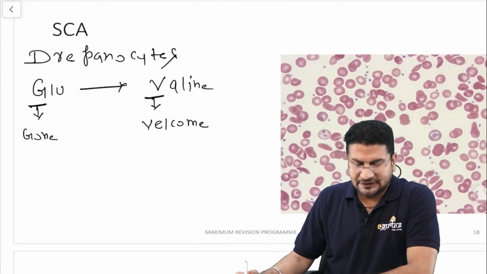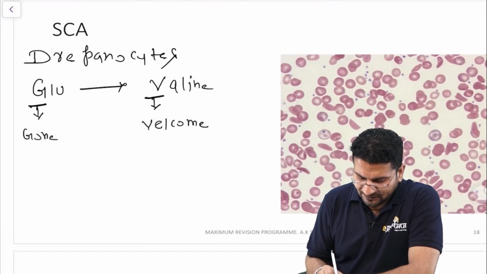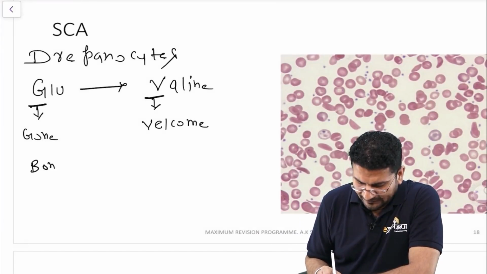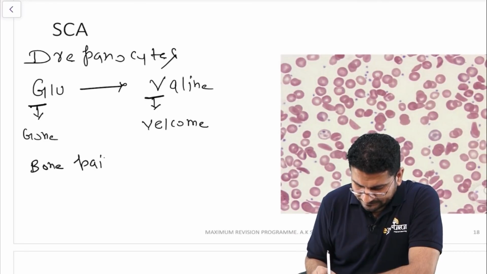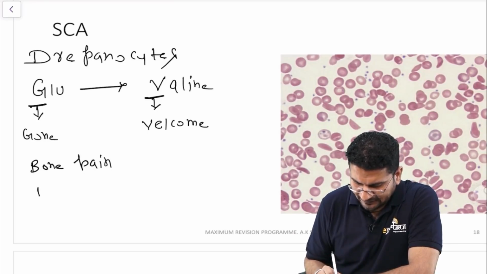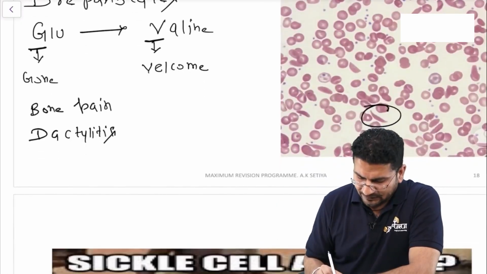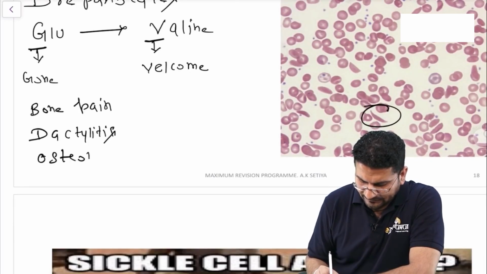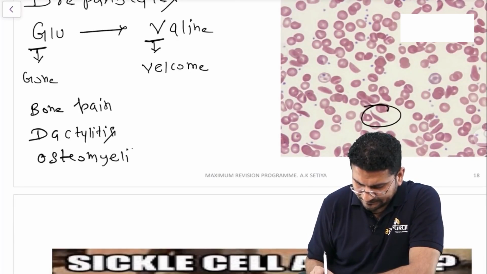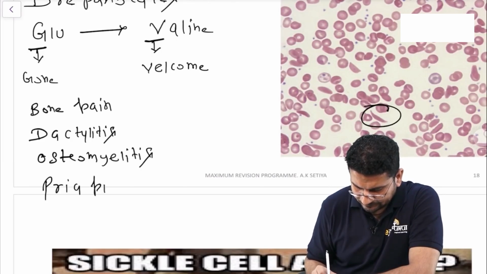If I say sickle cell anemia, the patient will have complaints like bone pain. There can be dactylitis, inflammation of the fingers. There will be risk of osteomyelitis. I am just highlighting the important points. The patient can develop priapism.